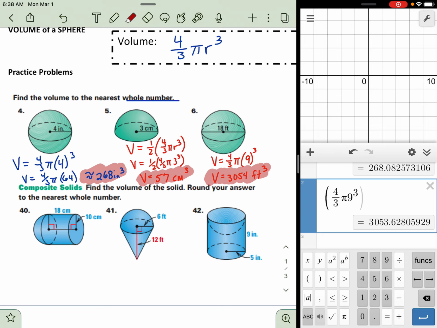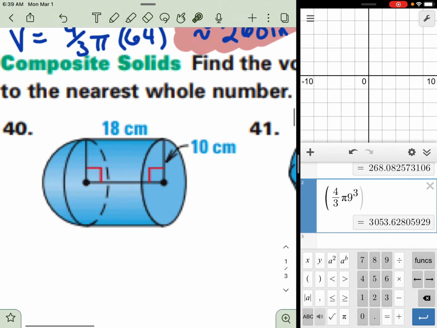Okay. Last thing that we're going to talk about today is called composite solids. As you remember, I had you do those quizzes before regarding these. Composite solids basically mean that you have 2 or potentially 3 different shapes.